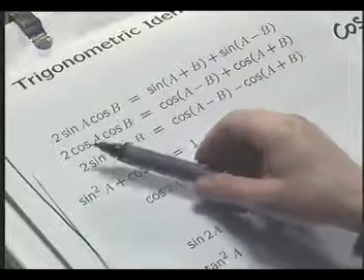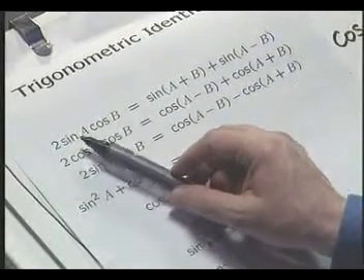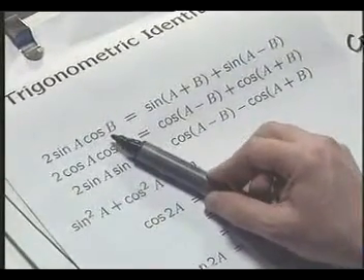The first entry in our table involves a sine multiplied by a cosine.